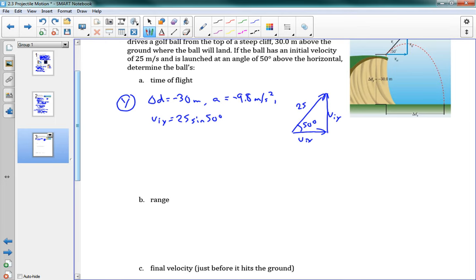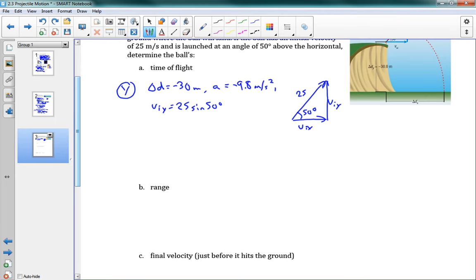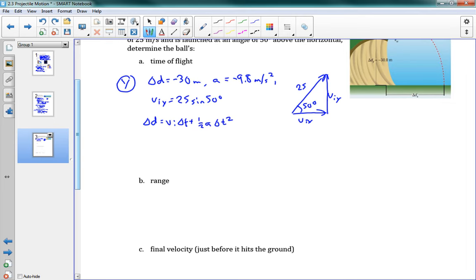From there, to get this delta t here, we can say the same equation here, delta d equals vi delta t plus 1/2 a delta t squared. But this is where the problem comes in, because I'll just fill in a few numbers here, and then I'll leave you to think about this yourselves. Because we get here delta d, negative 30, is equal to 25 sine 50 degrees.